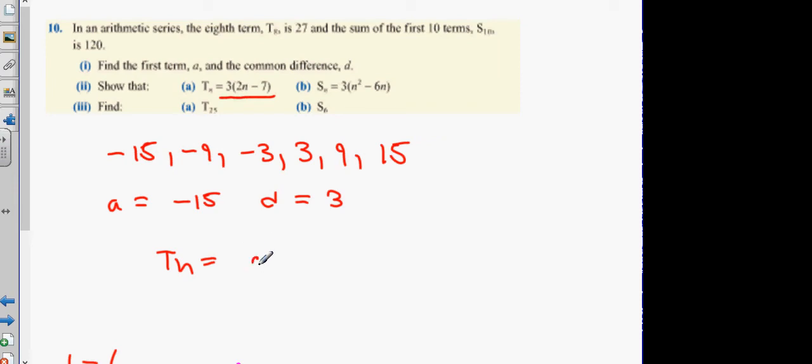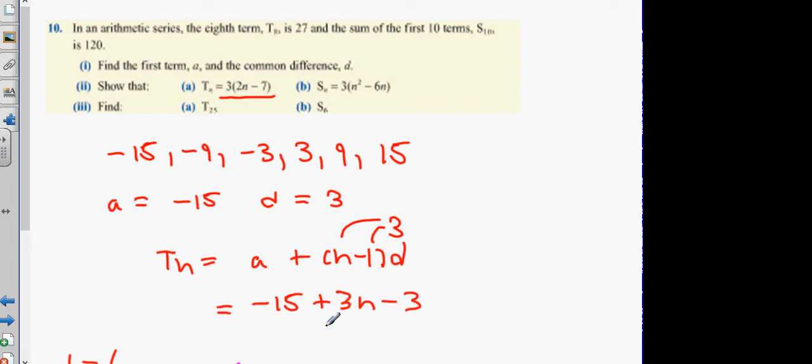Get the Tn formula: a plus n minus 1 times d. Put in your numbers. a is minus 15, d is 3. So you multiply 3 by those two and you get 3n minus 3. Then bring the 3n to the front and you get 3n minus 18.